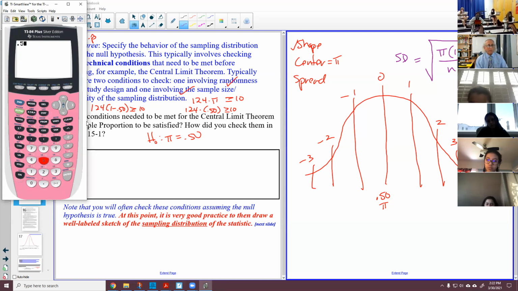It's the 0.5. 0.5 times 1 minus 0.5, which is also 0.5, divided by my sample size, which is the 124. And let's take the square root of that. And I find out my standard deviation is equal to, we'll call it 0.045.